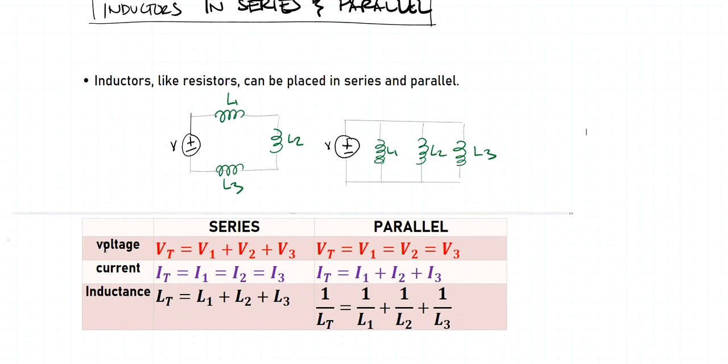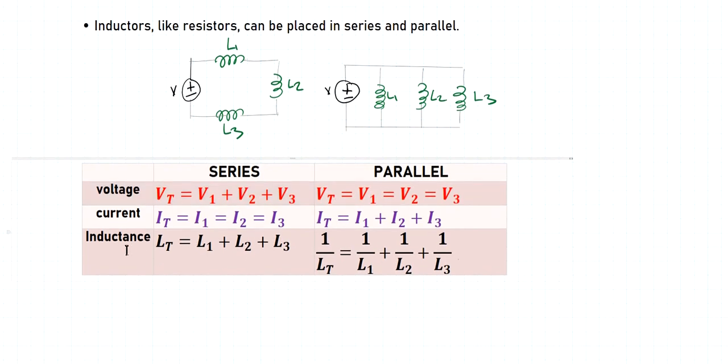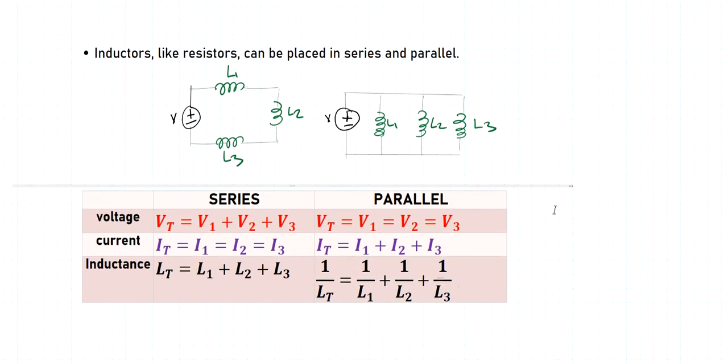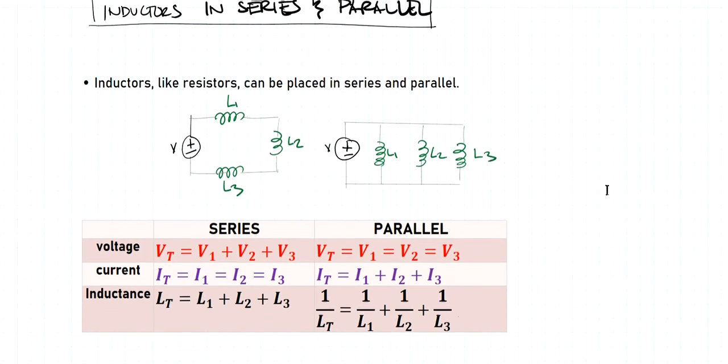For the parameters, the voltage is still the same and the current is still the same, but the inductance is actually the same as the resistors: in series the inductance adds up if we combine the inductors in series, and for the parallel connection, it's a reciprocal property or characteristic. Okay, so I think that's all for our discussions on these inductors.